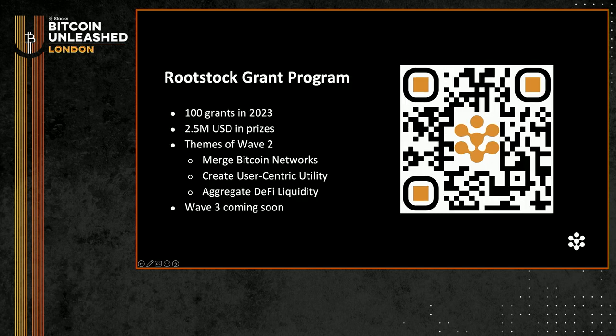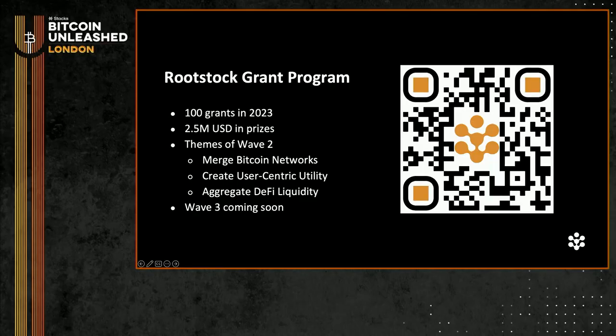And yes, this year we are running a grant program. It's a total of 100 grants, divided into 4 waves, with a total of 2.5 million USD in prizes. Those were the teams of Wave 2. We are starting Wave 3 soon. The topics for Wave 3 are generating sustainable yield using RBTC, which is Bitcoin on Rootstock, and real-world assets, or any type of asset, really.